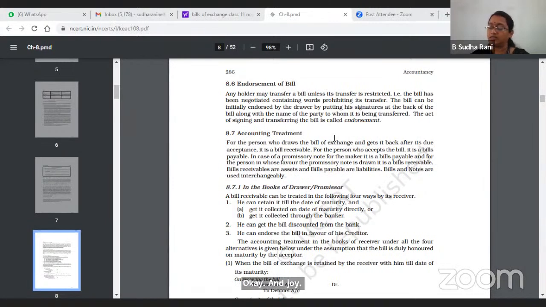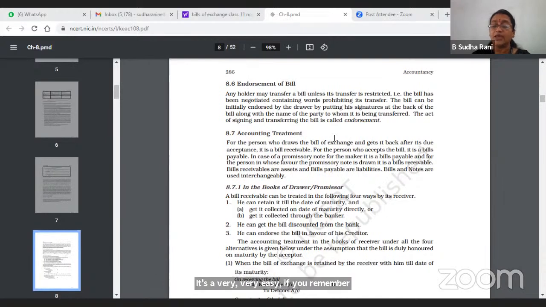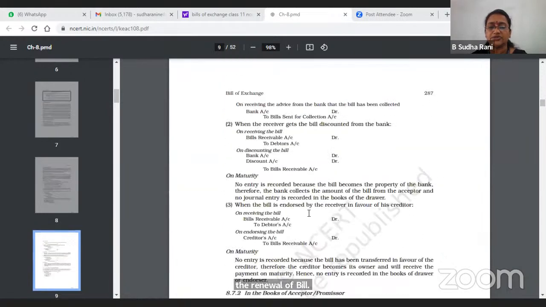But in the drawer's books, you will get up to 10 to 12 journal entries, depending on the situation given to you. It's very easy if you remember the journal entries. The second situation, if the bill is dishonored, then we'll go for renewal of the bill. That also we'll see in forthcoming topics. Let us see for today.